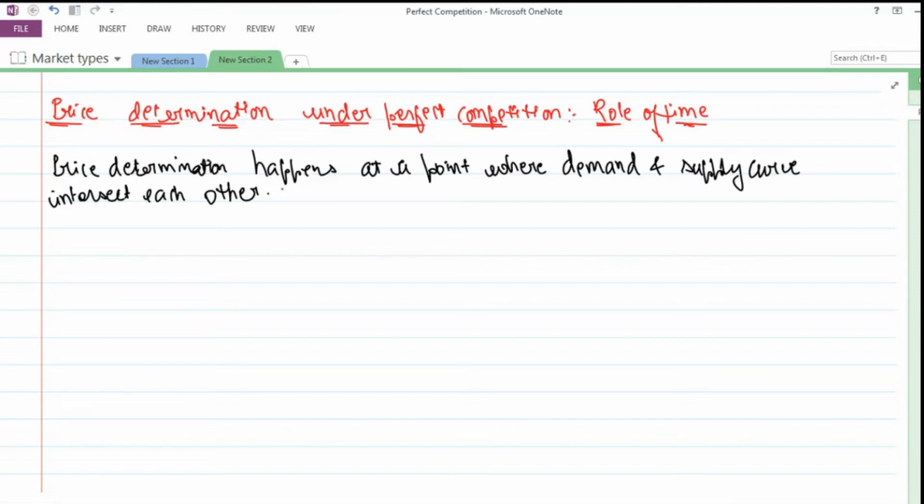According to Marshall, there are three different periods which he has taken into account.